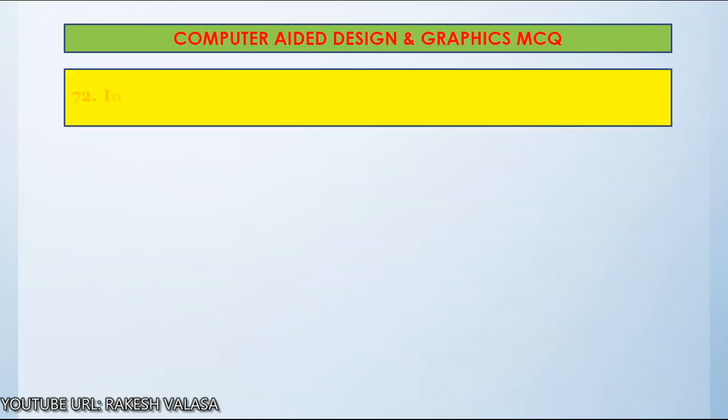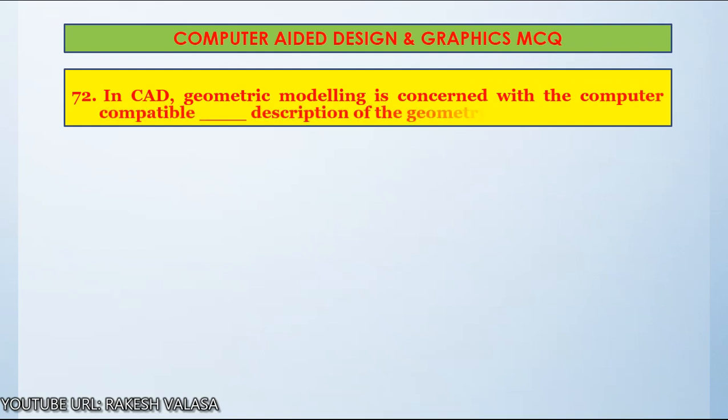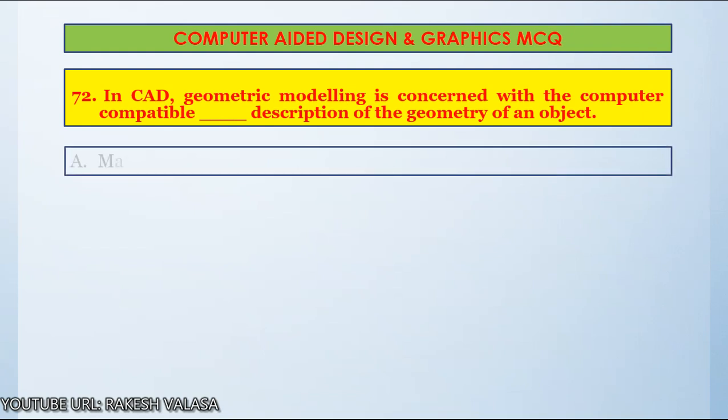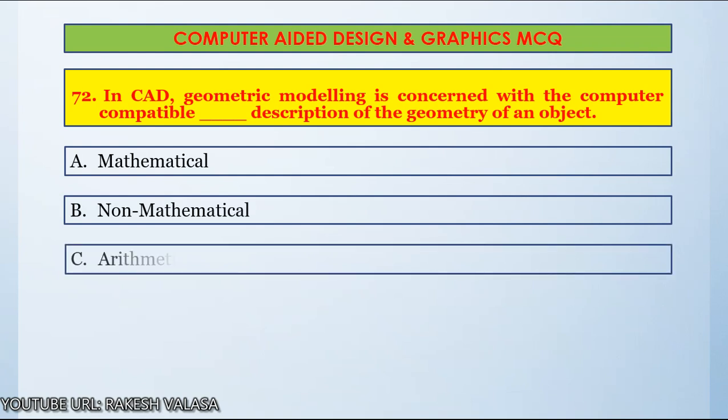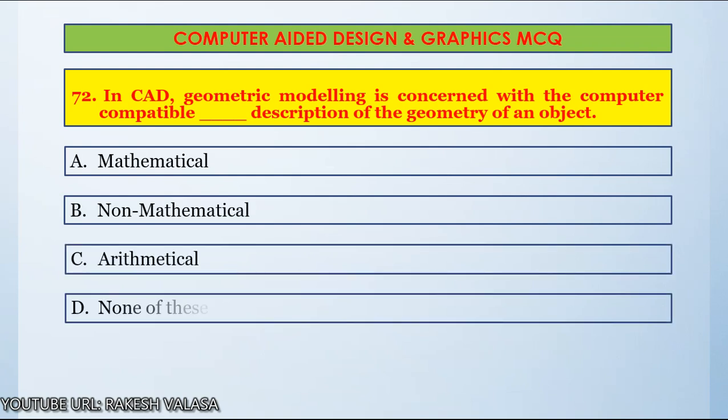Question number 72. In CAD, geometric modeling is concerned with the computer compatible dash description of the geometry of an object. Option A mathematical, option B non-mathematical, option C arithmetic, option D none of these. Let us count down start.